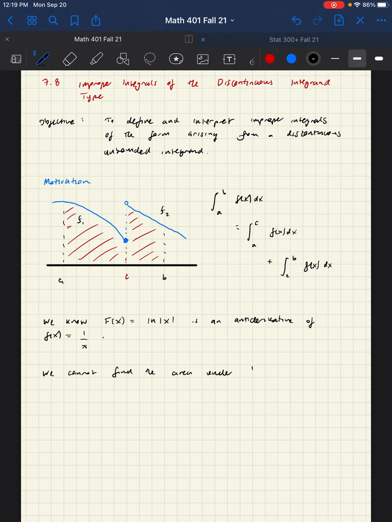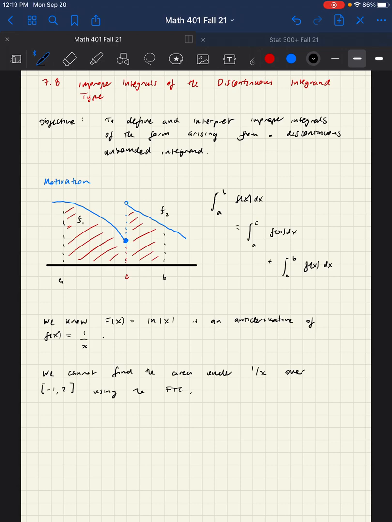We cannot find the area under the curve over -1 to 2 using the fundamental theorem of calculus.